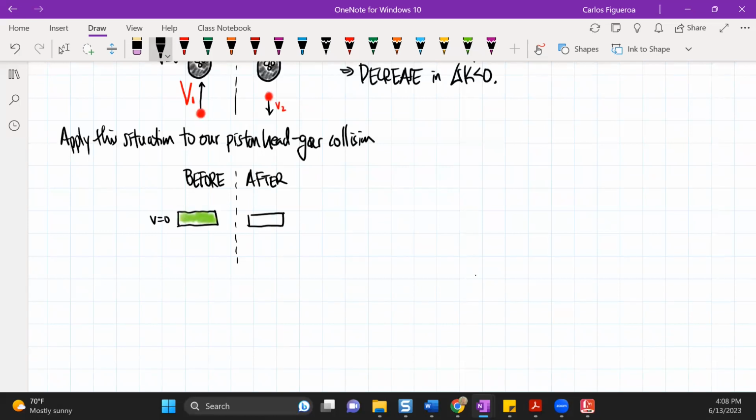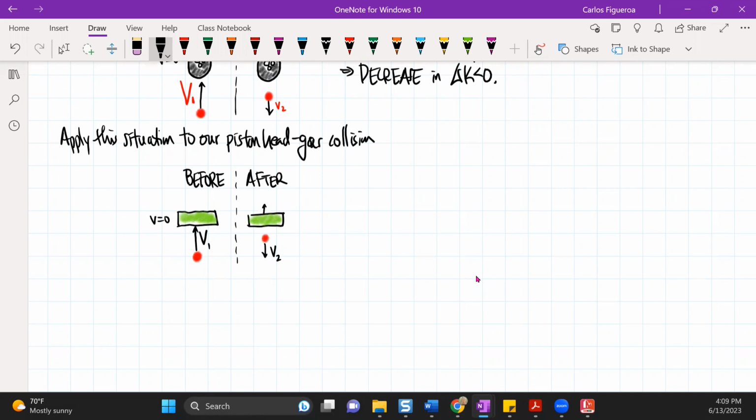And then I'm going to send in a high speed gas particle. So I'm going to have a high velocity here. And then after the collision, the piston head moves and the ricochet of the gas particle reduces part of that momentum transfer.